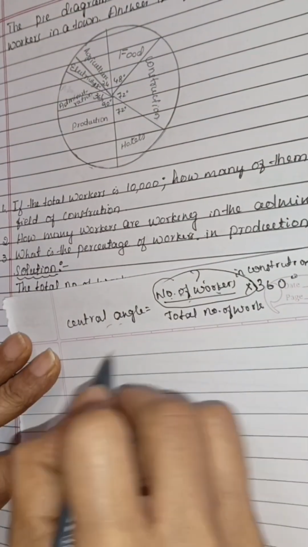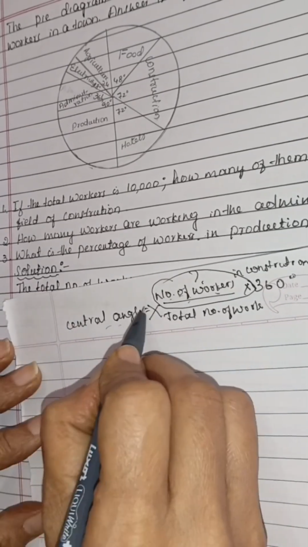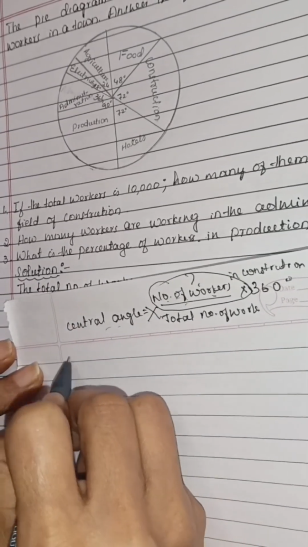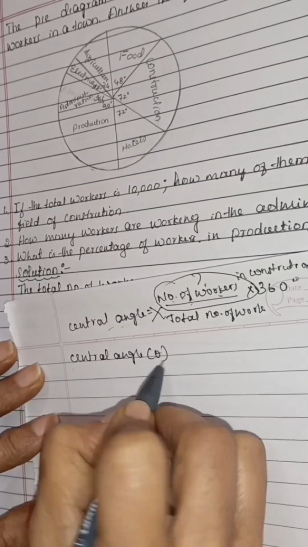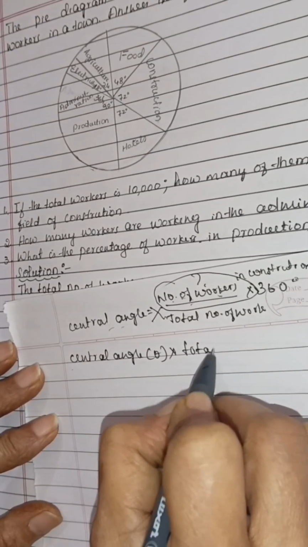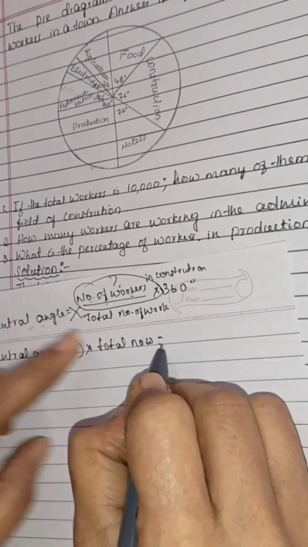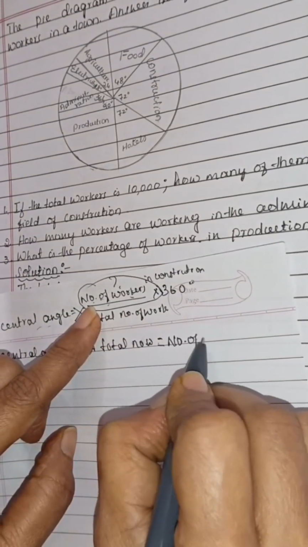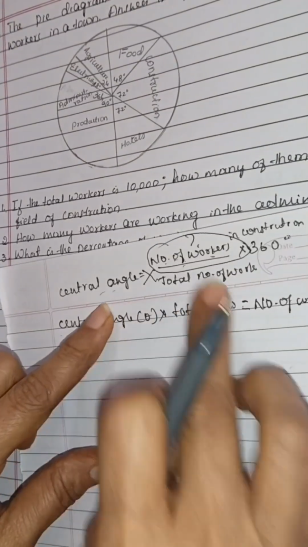Now we have to cross multiply. Central angle theta multiplied by total number of workers equals the number of workers in construction multiplied by 360.